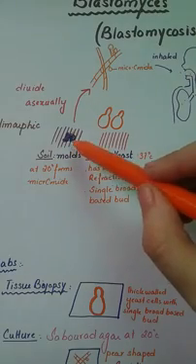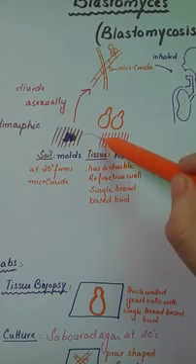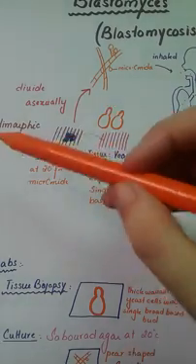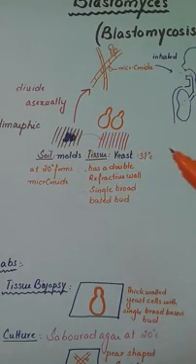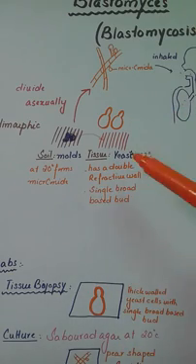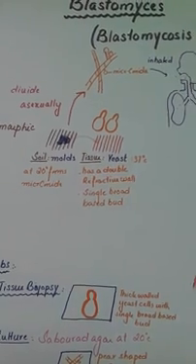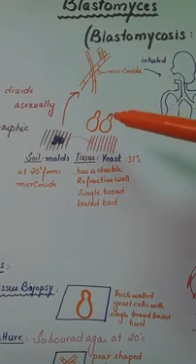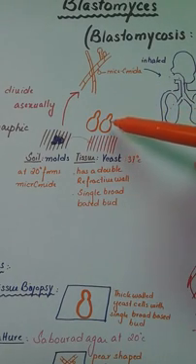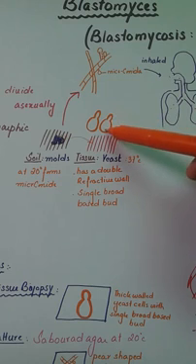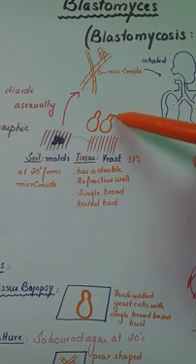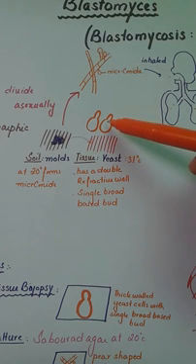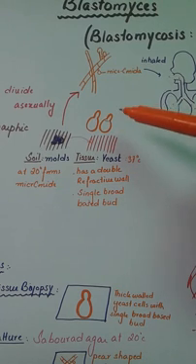So inside the body it converts or acquires a different shape, hence the name dimorphic, that is yeast form at approximately 37 degrees centigrade, which is normal body temperature. In this, the structure it acquires is a budding, oval organism which has a double refractive wall, and it has a broad base of bud.